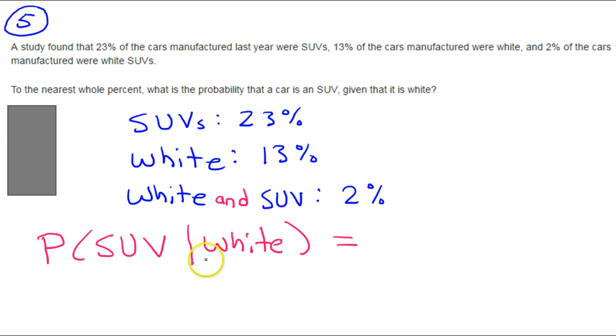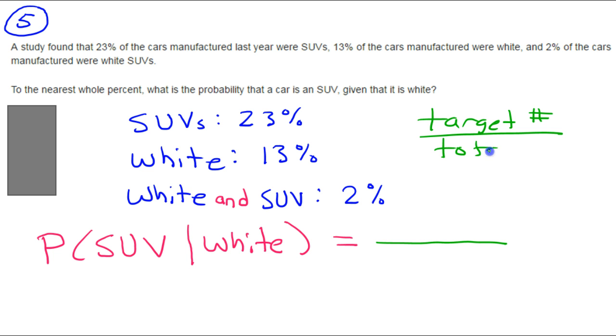Now, here's the thing. When you're doing probability, we're always thinking in terms of target over total. All right, the target number divided by the total. Or in this case, percent instead of number, but still, same difference.